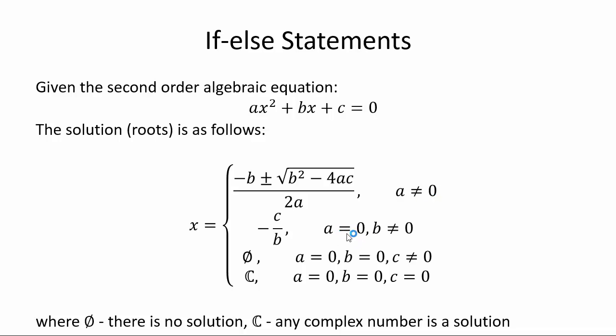If a equals 0 and b is not equal to 0, then this is the solution. If both a and b are equal to 0 and c is not equal to 0, then there is no solution to the problem. If a, b and c are all equal to 0, then any complex number could be the solution.